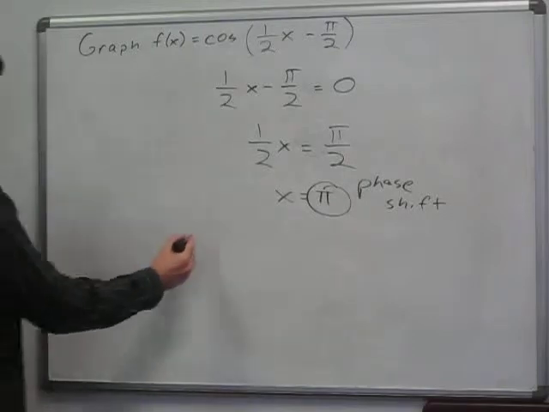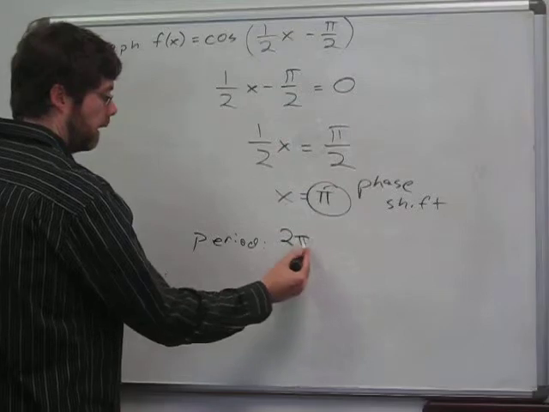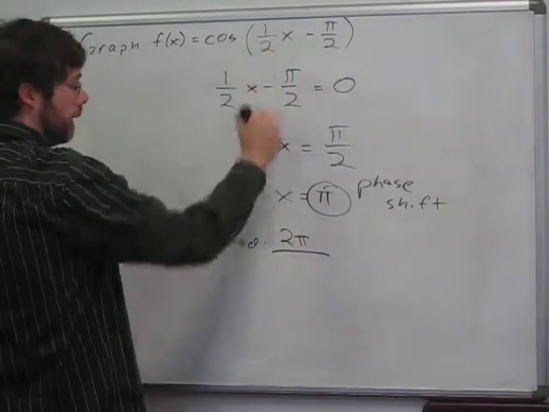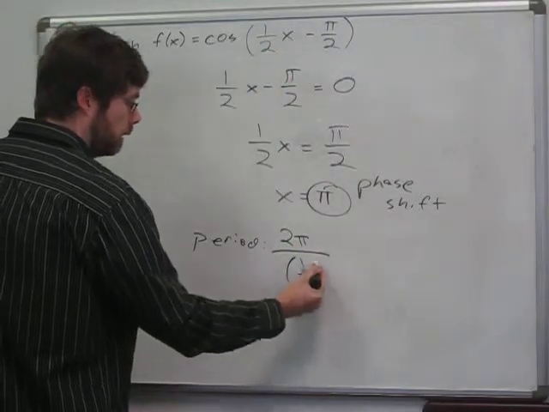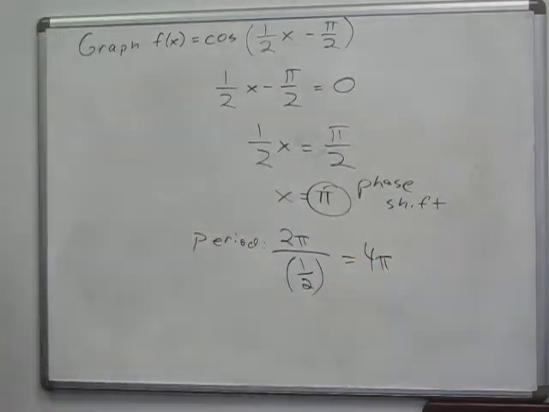The period, we're going to take 2 pi. We're multiplying x by 1/2, so it's going to be 2 pi divided by 1/2. The period is going to be 4 pi. Right? And the amplitude, I haven't done anything on the outside, so the amplitude is still 1.